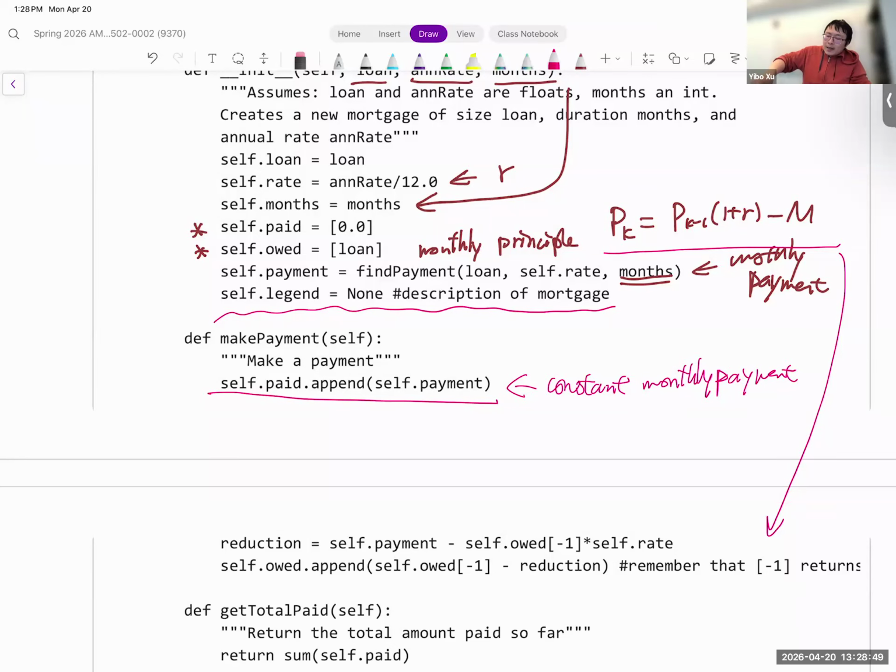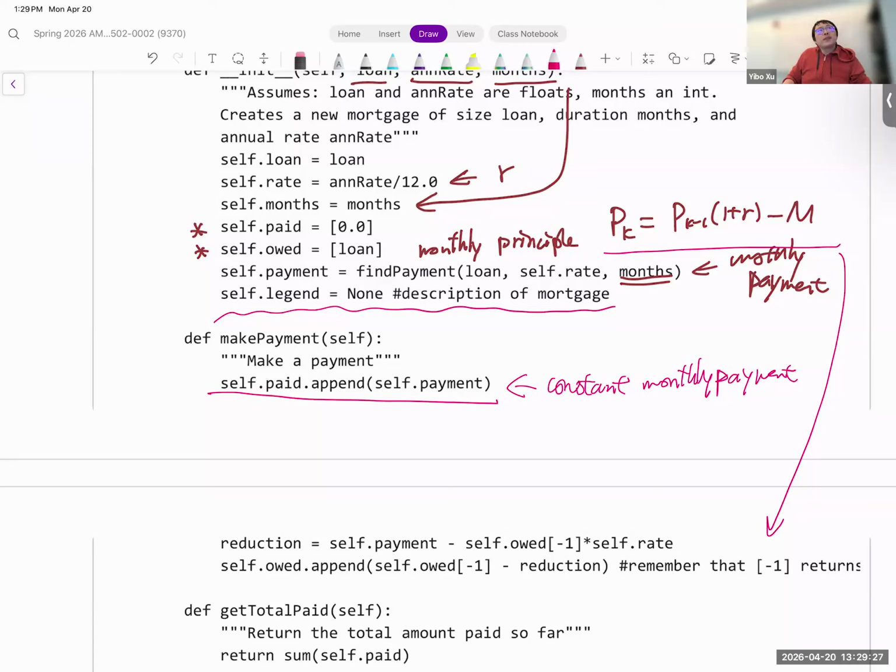This is something you may want to keep, because in the future, if you want to study at a certain time point how much have I already paid, how much of the original principal have I covered throughout all these payments, how much is left, and how much interest have I already paid, which are three different kinds of values that sum to a total of how much you have already covered.